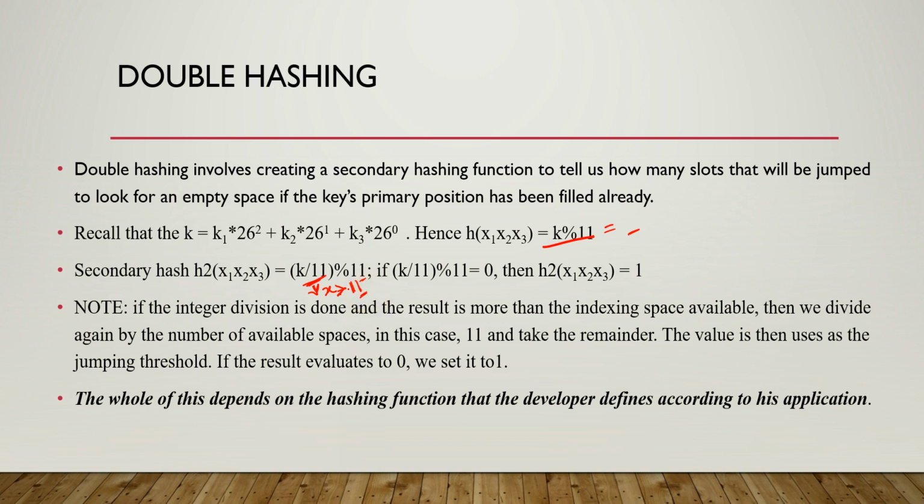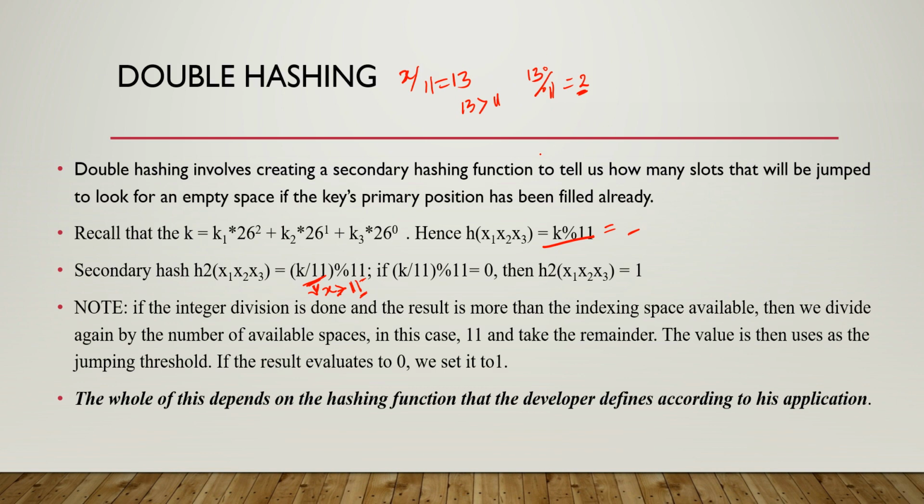Now, if we divided x, for instance, by 11, and the integer division gave us 13, we note that 13 is greater than 11. So what we are going to do is to divide 13 by 11 and take the modulus. Now, if we do this, we are going to have 2.